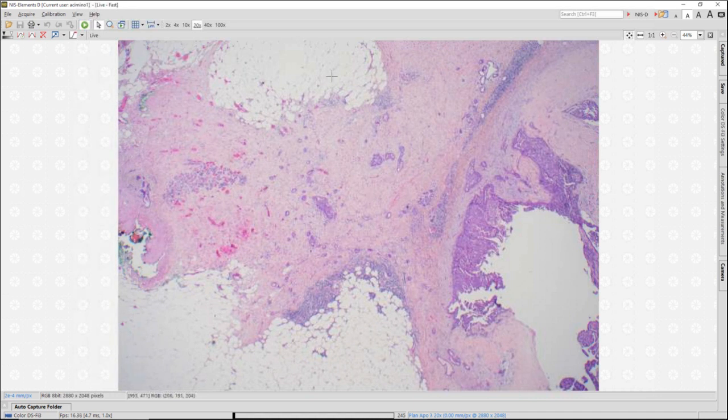And on each side of this fibrotic area, we see inflammation on both sides and a hint of fat necrosis and hemorrhage. These are clues to tell me that this is needle tract displacement of these little epithelial nests and not an invasive carcinoma.